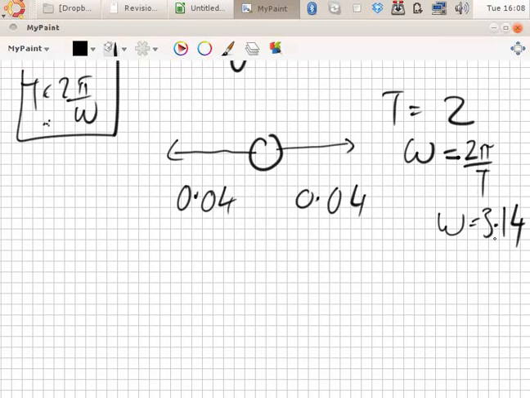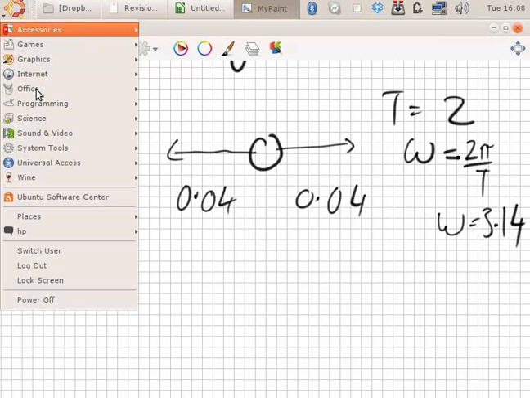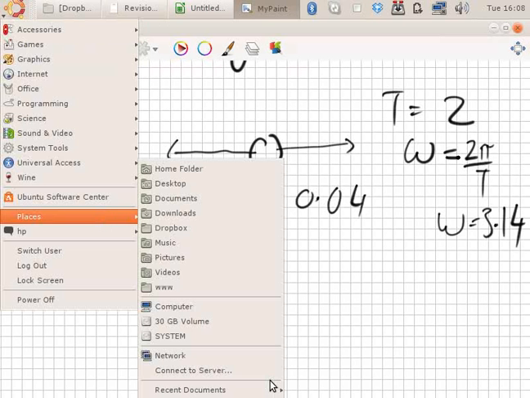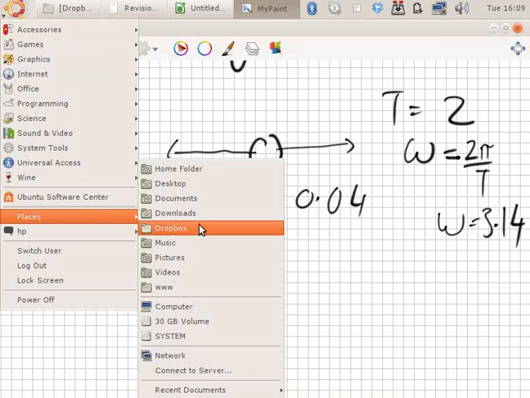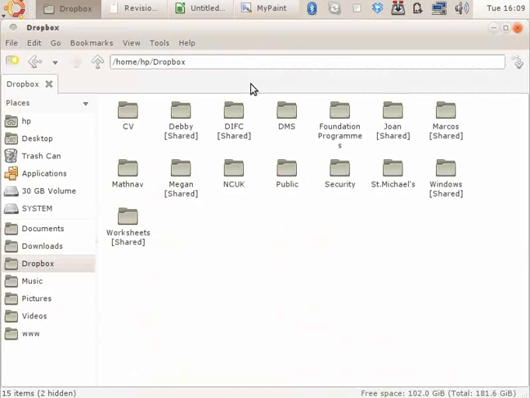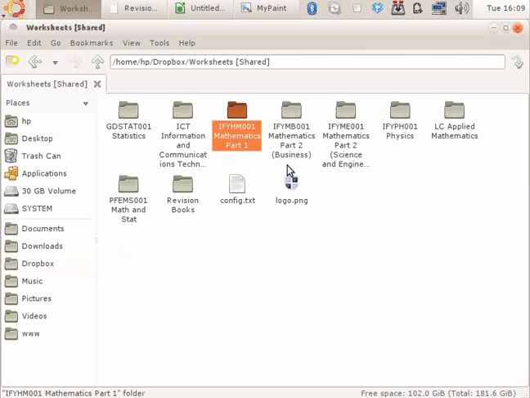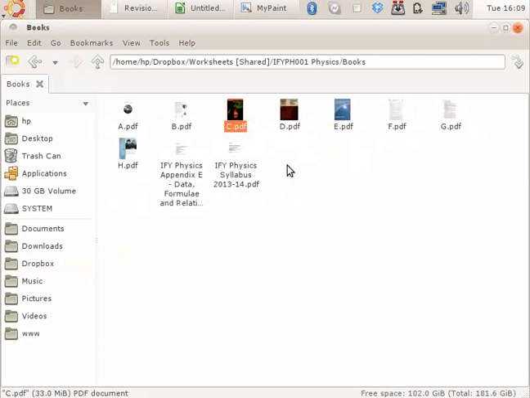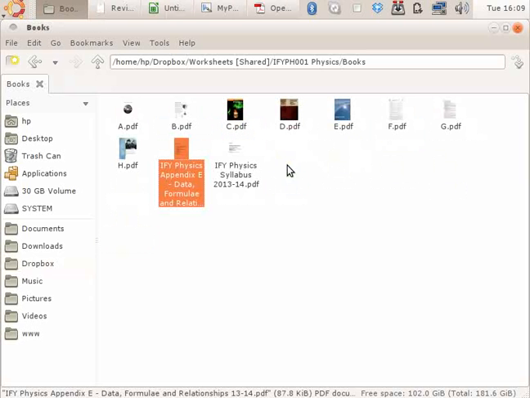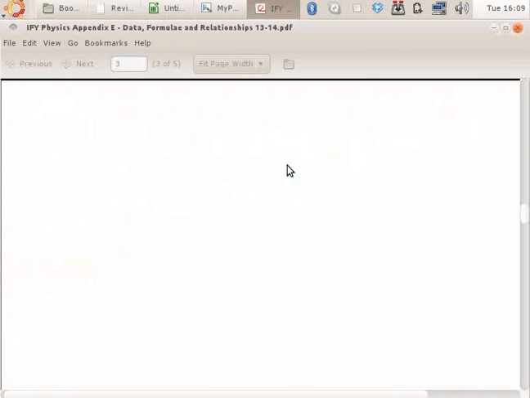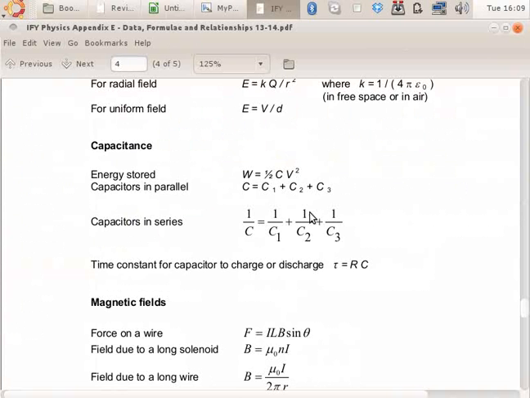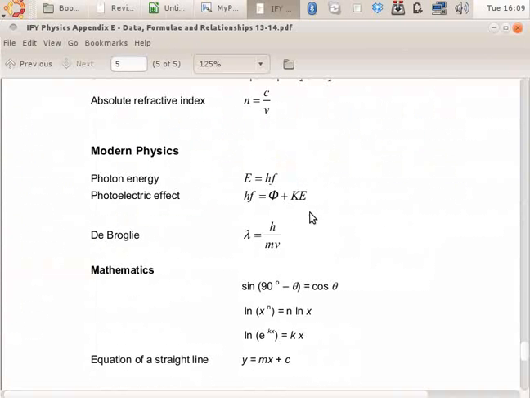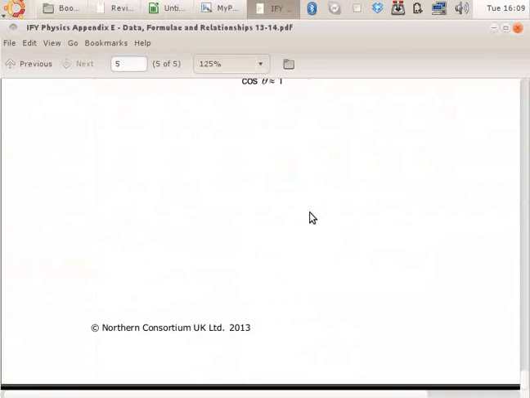Let me show you in the formula book as well. If you look at the formula book, there isn't a formula for the maximum V, but there nearly is.